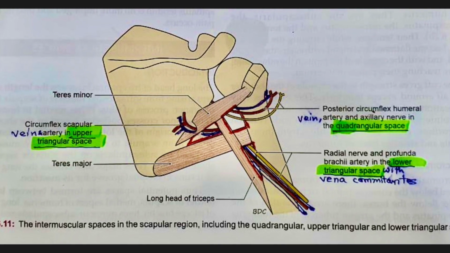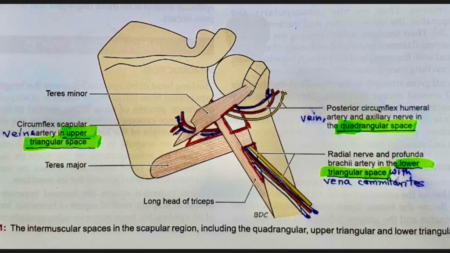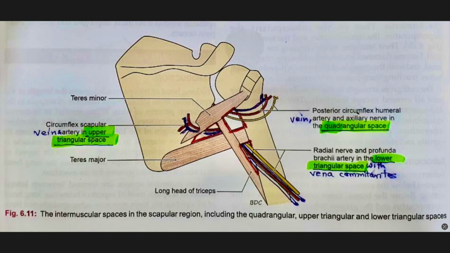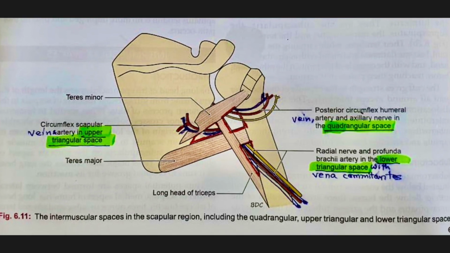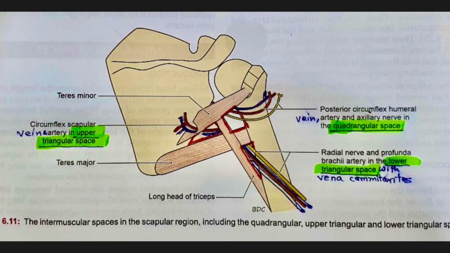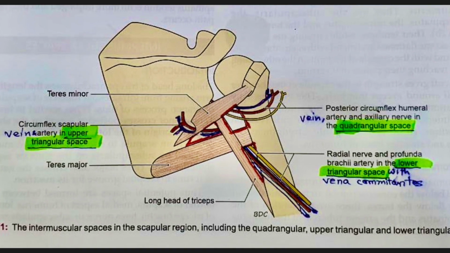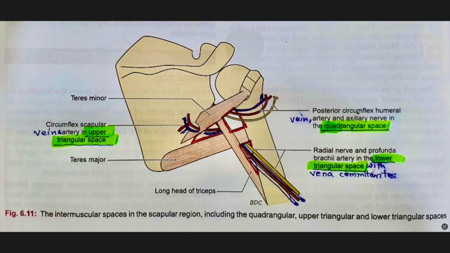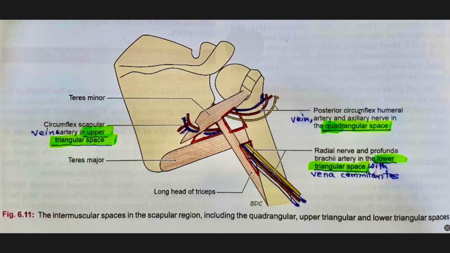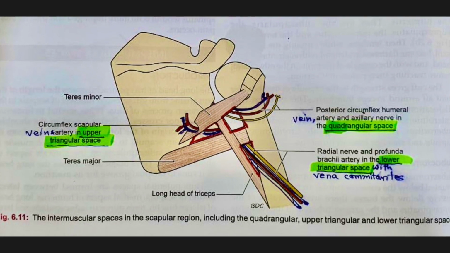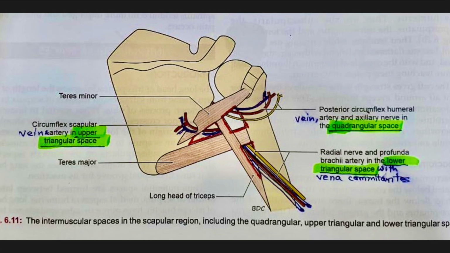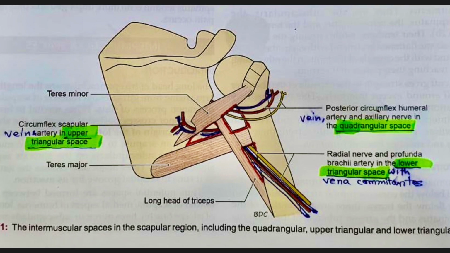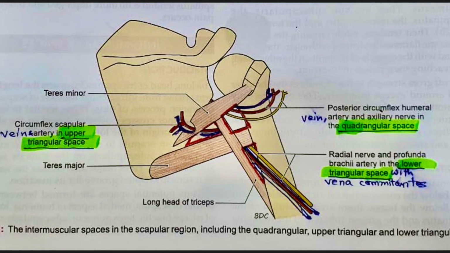So remember that the circumflex scapular artery passes through the upper triangular space, and the posterior circumflex humeral vessels along with the axillary nerve will pass through the quadrangular space. Remember the lower triangular space: it is the profunda brachii artery along with the radial nerve and its venae comitantes. Those are the structures passing through the lower triangular intermuscular space in the scapular region.